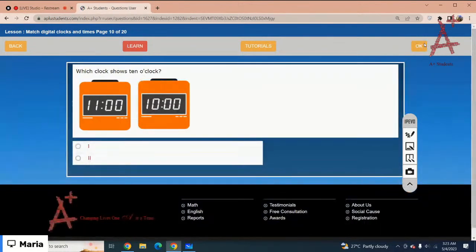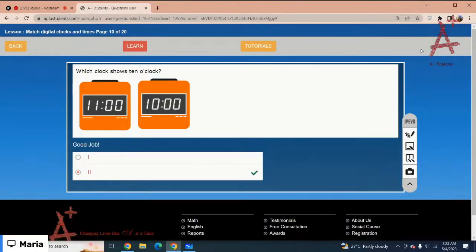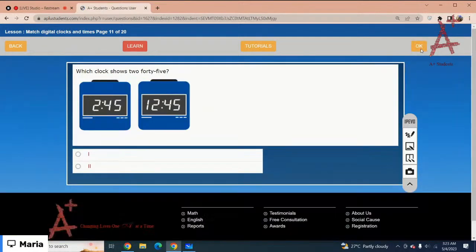Which clock shows 10 o'clock? Which is the correct option? It would be the second one that shows 10 o'clock. Okay, the next one is which clock shows 2:45?